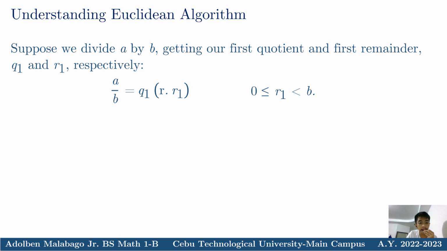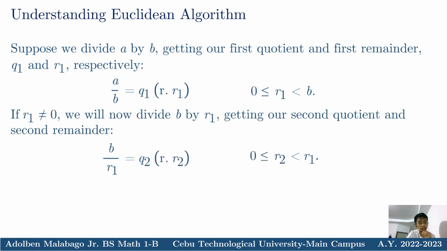So A divided by B is equal to Q sub 1 with remainder R sub 1, where R sub 1 is less than B and greater than or equal to 0. We apply the elements of the division algorithm to demonstrate the Euclidean algorithm through the use of notations.